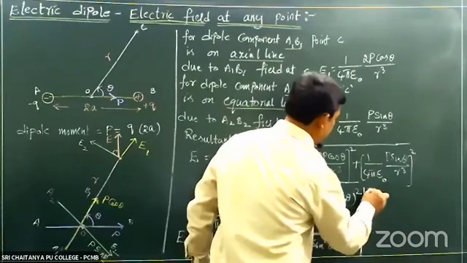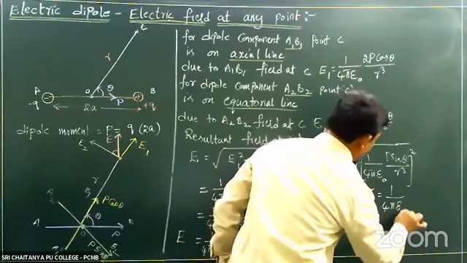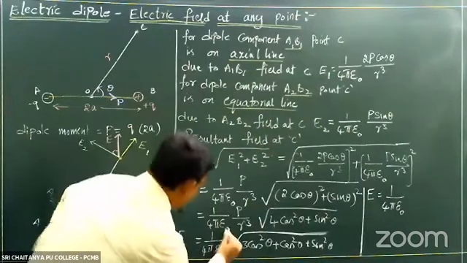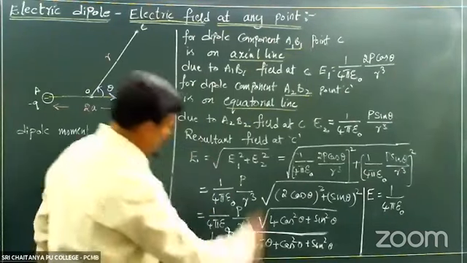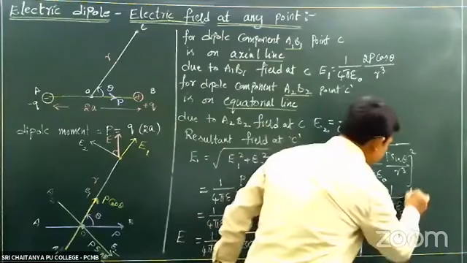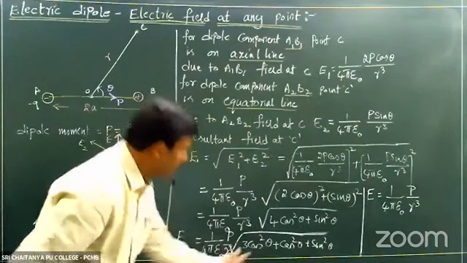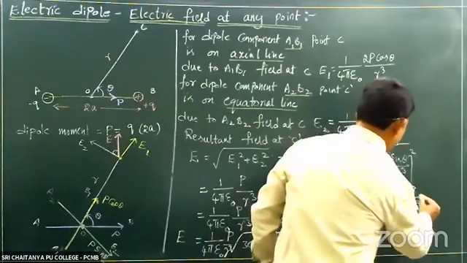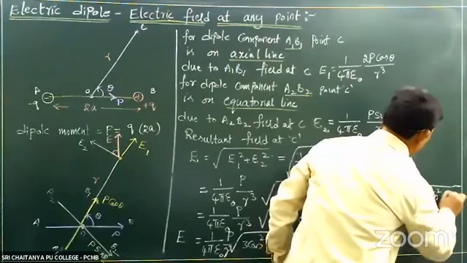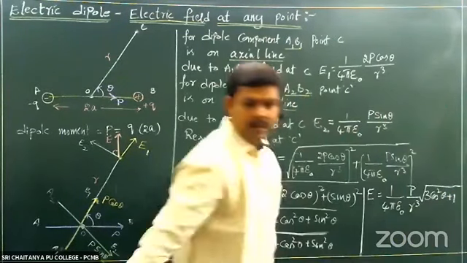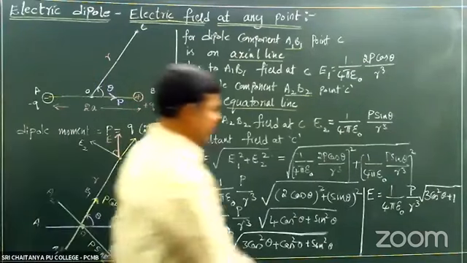E is equal to 1 by 4 pi epsilon naught P by R cube. What remained inside? Root over 3 cos square theta plus 1.